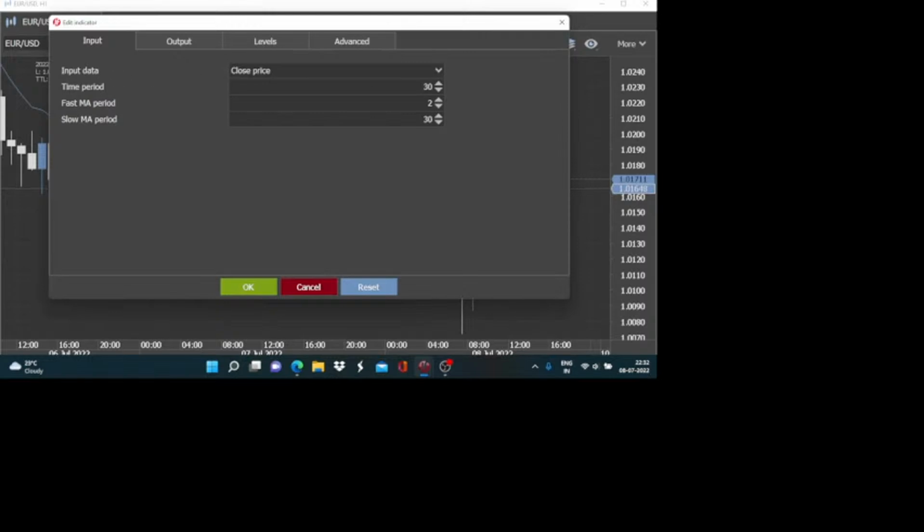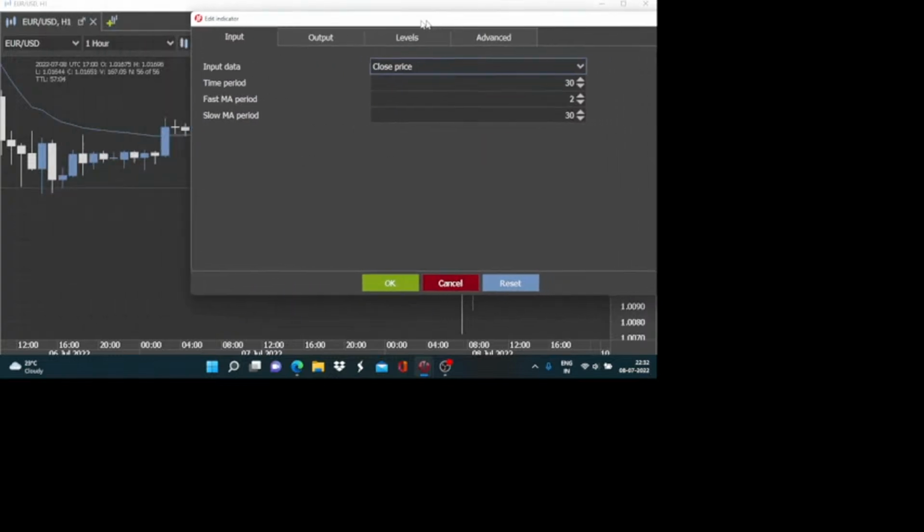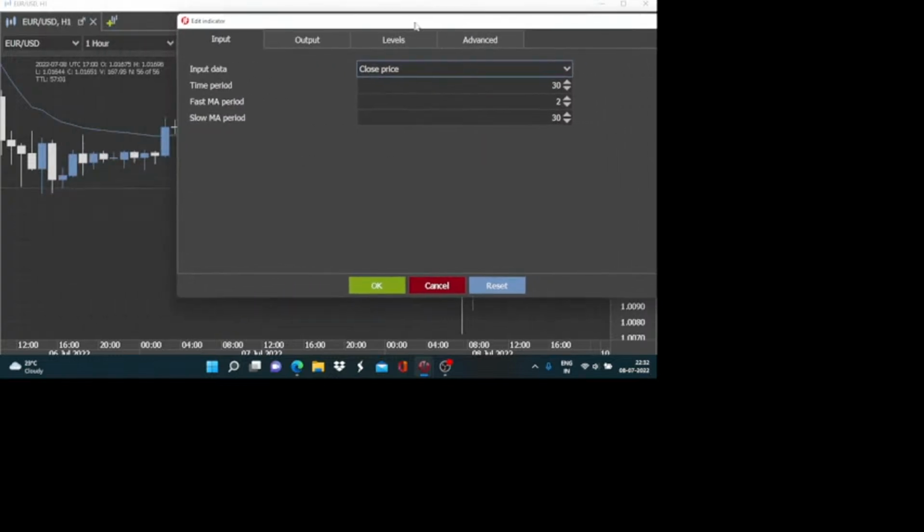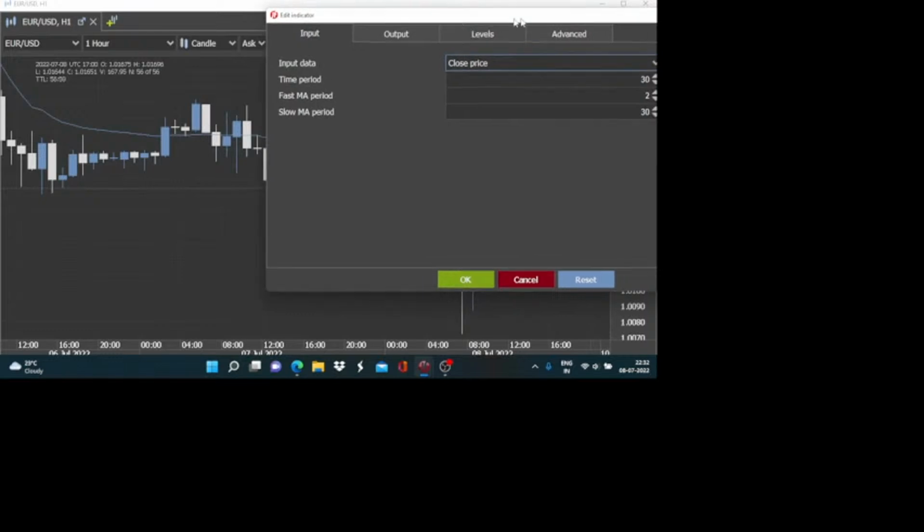Here we have to consider the input price, the input data, which can be any applied price: the closing price, open price, high price, low price, median price, typical price, and weighted close price. I have explained the differences in prior sessions also, but if you are a new viewer, again we will go through it.